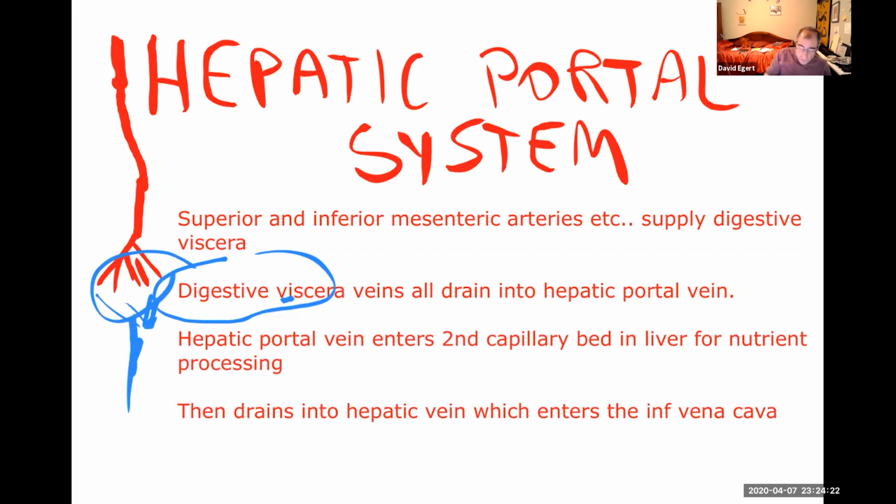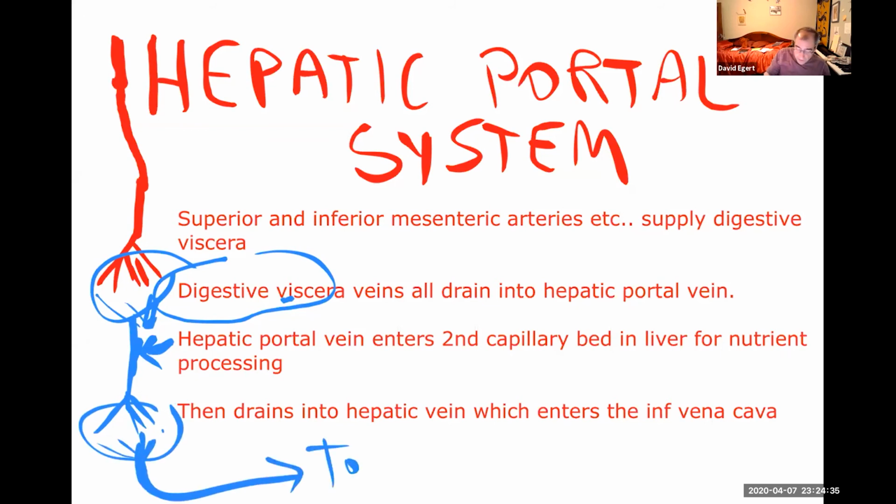But then those drain into this hepatic portal vein, which goes into a second capillary bed in the liver. And that is then to the vena cava. So capillary bed 1, capillary bed 2.